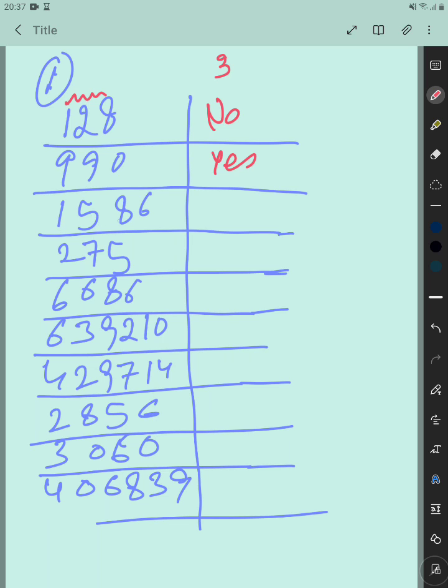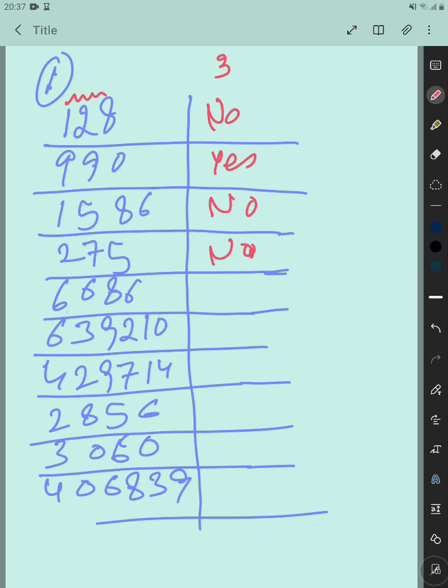Then 1586: add all the digits, 1 plus 5 is 6, and 6 plus 8 is 14, and 14 plus 6 is 20. So 20 is not divisible by 3, so it is no. Similarly for 275: 2 plus 7 is 9, 9 plus 5 is 14, it is not divisible by 3, so it is no. In this way you need to keep on writing whether they are divisible by 3 or not.